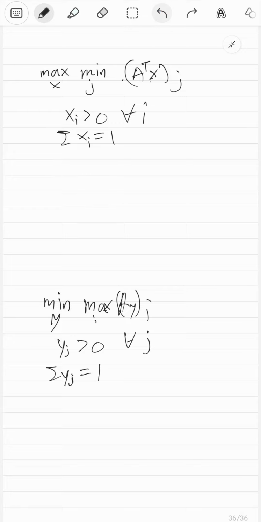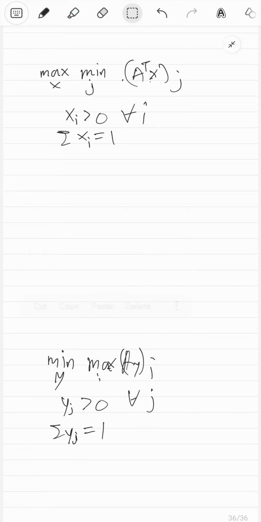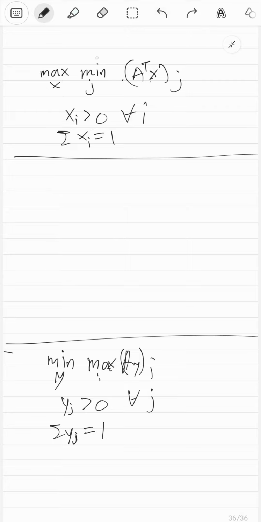So first, I'll rewrite both of these problems somewhat differently once again. This problem can be written as follows: we think of this whole thing as just some quantity z. So maximize z, where z is less than or equal to the minimum of these entries.